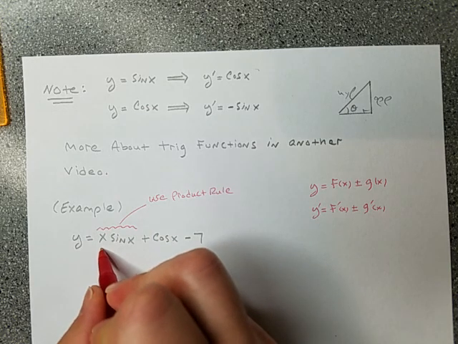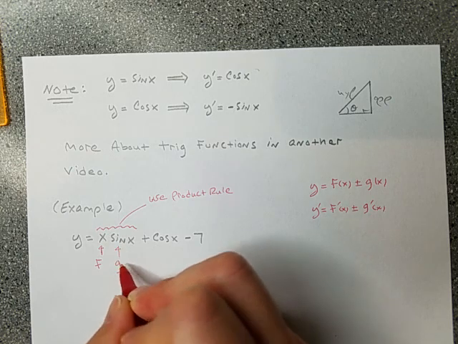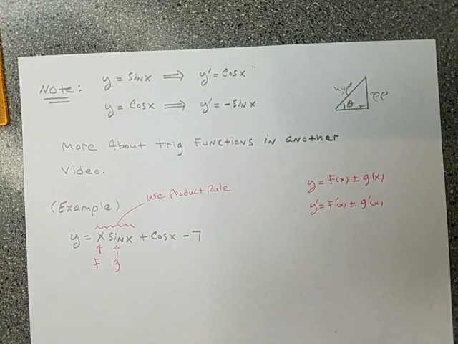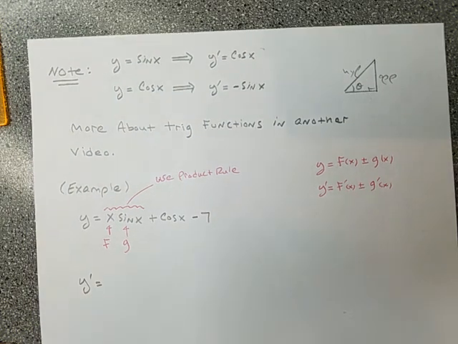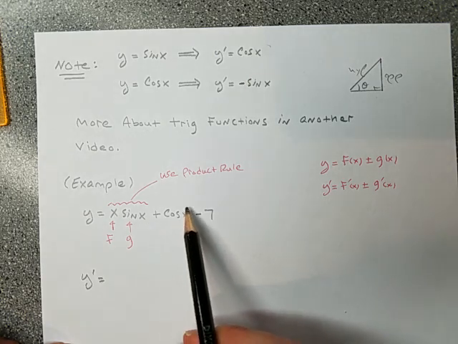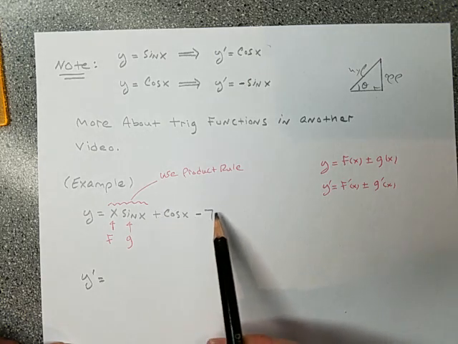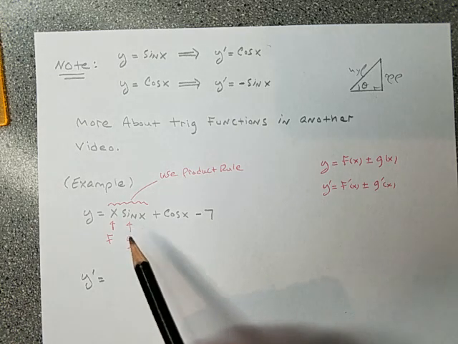So for me to do that, let's call that first function x, we'll call it f. And the second function, sine x, we'll call it g. Okay, so here goes. What is y prime? I take the derivative of this first thing plus the derivative of that second thing minus the derivative of the third thing. That first thing requires the product rule.